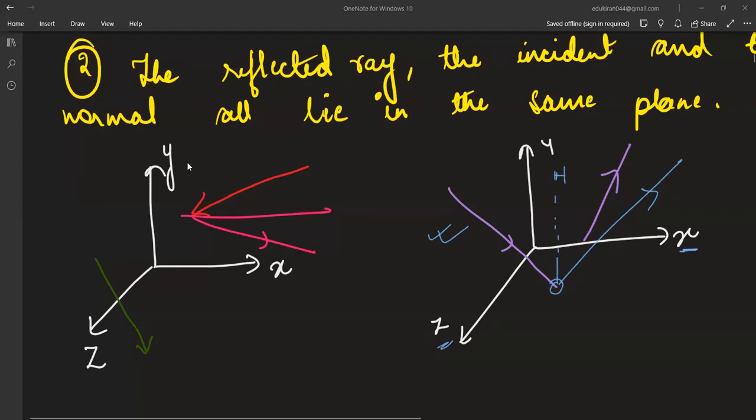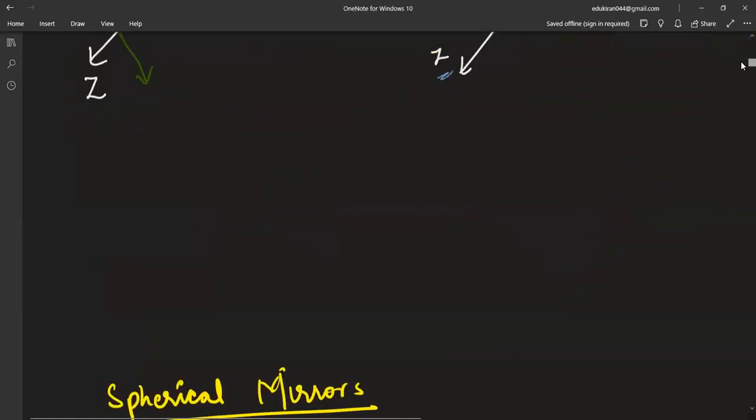Suppose an example: light is incident in the XZ plane. Then the normal will also be drawn in the XZ plane and the bouncing back of light will also occur in the XZ plane. Fine. These were the two laws of reflection.